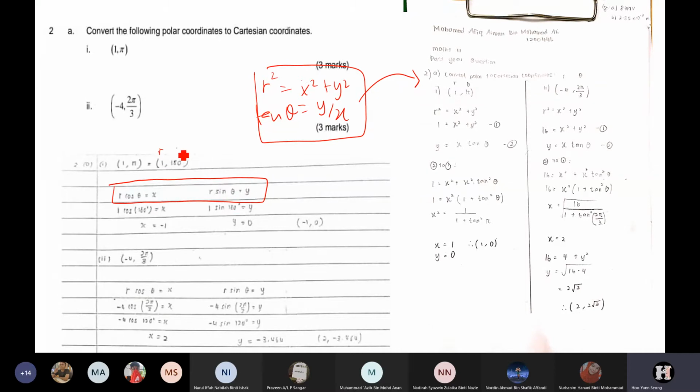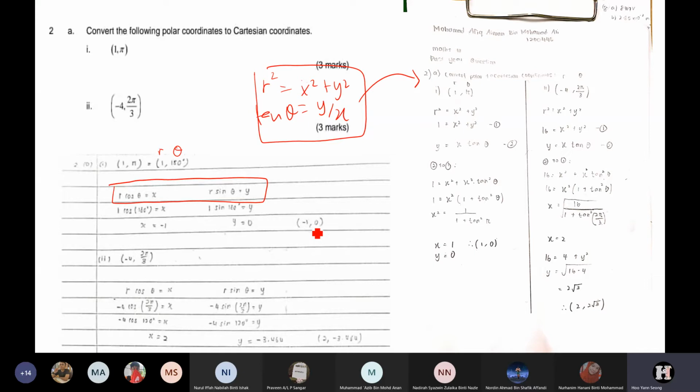So this is my r, this is my theta. I just substitute r equals 1, theta equals 180. Remember, pi is 180 because I think at the first place his calculator is in degree. So x equals -1, y equals 0, and then you have (-1, 0).